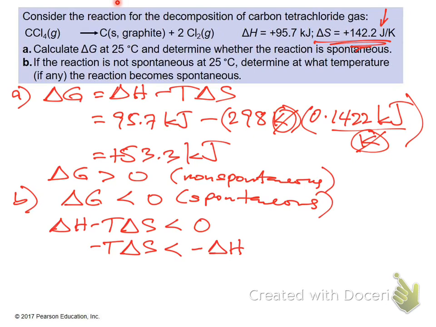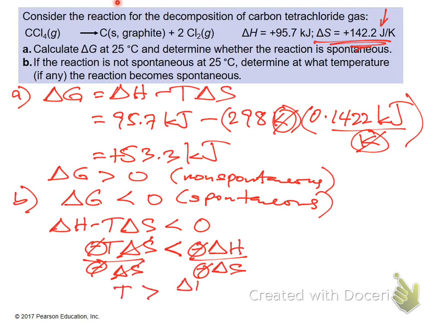And then I'm going to divide by negative delta S on both sides of the inequality sign here. And you can see that the negative sign will cancel, and delta S will cancel as well. And what happens to this less than sign when you divide by a negative value? It flips. So now T is greater than delta H over delta S.